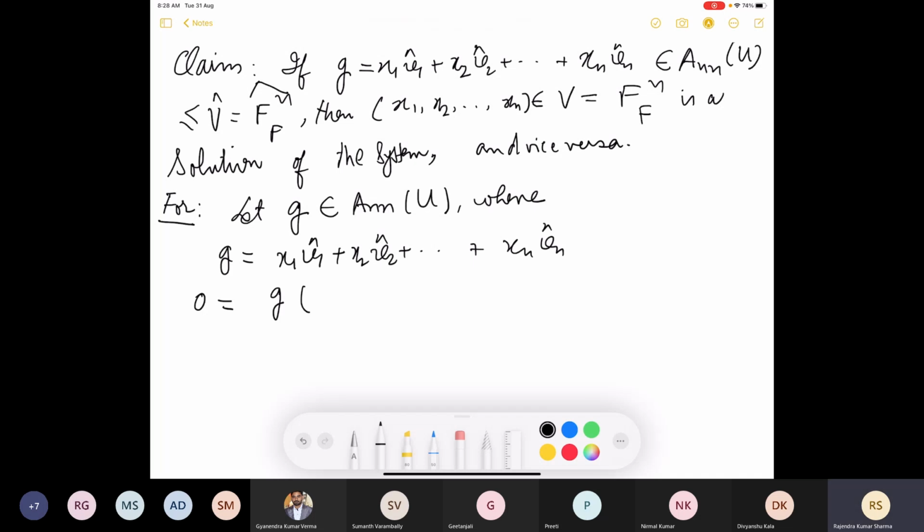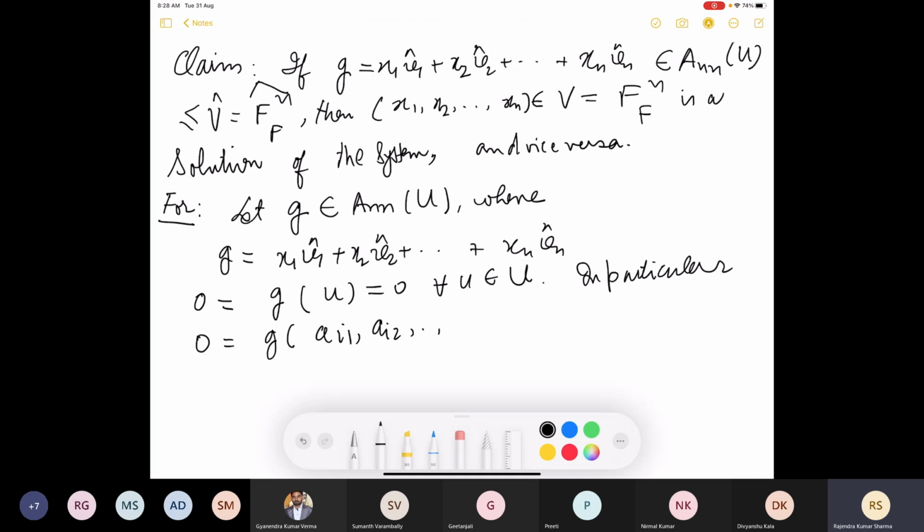So G of u will be 0 for every u in U, and in particular for every basis vector also. So this is 0, that is G of ai1, ai2, ..., ain for every i equal to 1, 2, up to m.